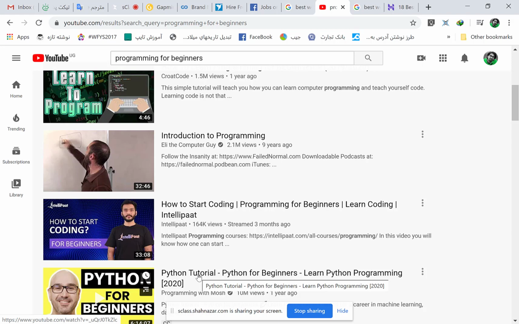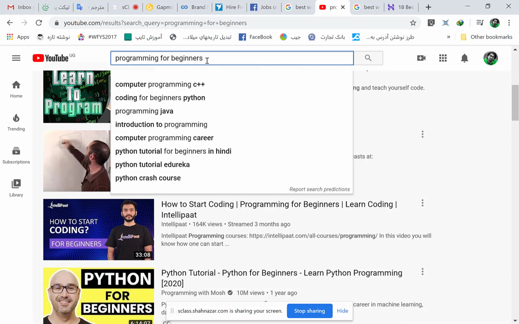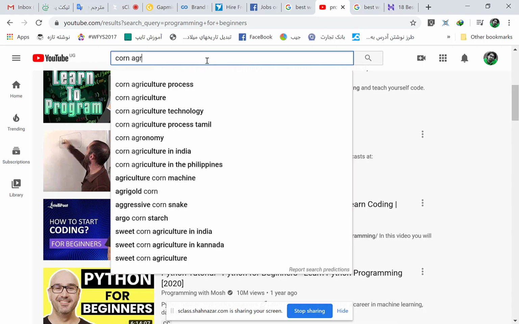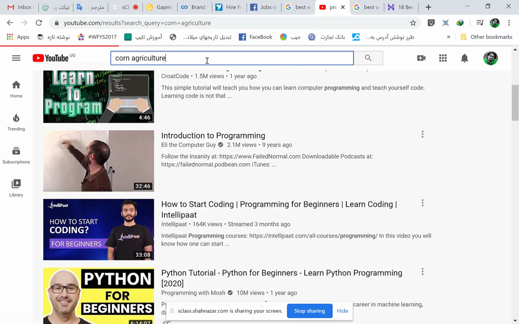For example, planning for the farm and maybe change some kind of plants and change the situation for farming to improve the efficiency. You can also here, for example, let me search corn agriculture technology, or corn agriculture.